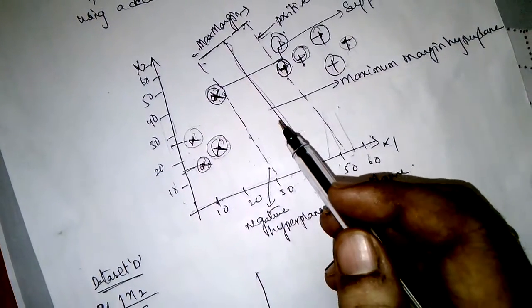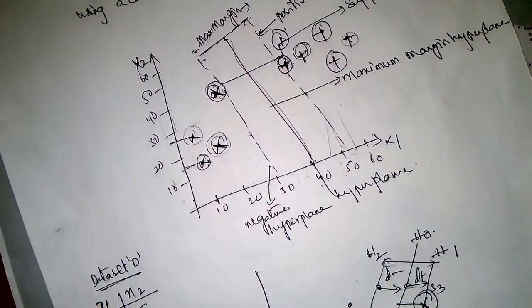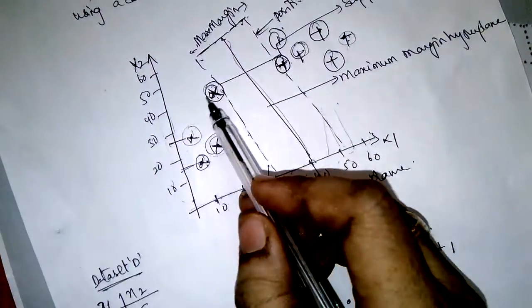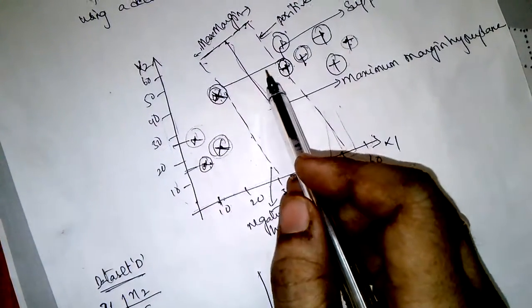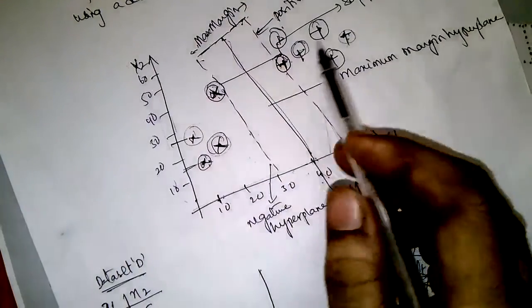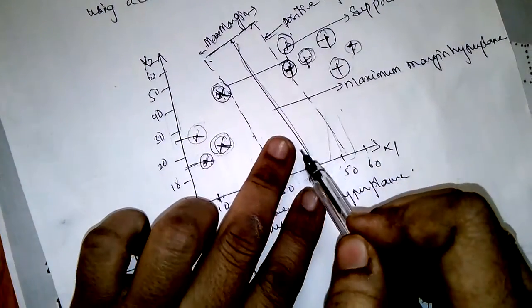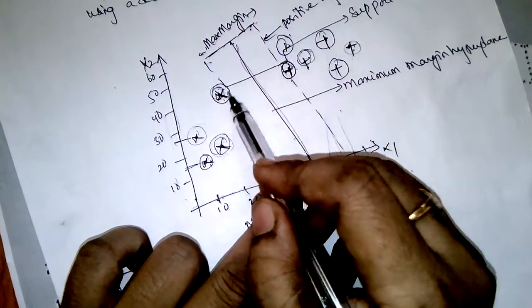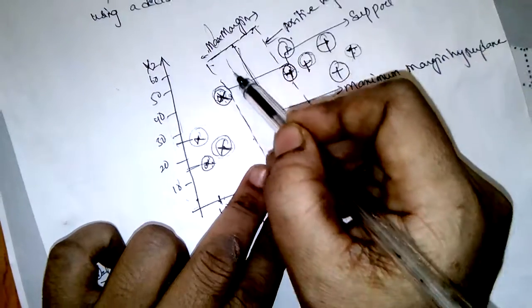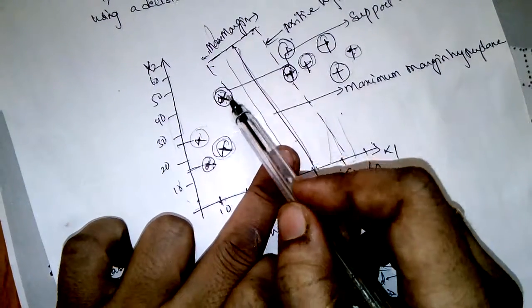Then the other important term is support vectors. Support vectors are data points which lie close to the hyperplane. Now if we take this as a hyperplane, the closest points are these two. If I take another hyperplane like this, the closest points are these two.